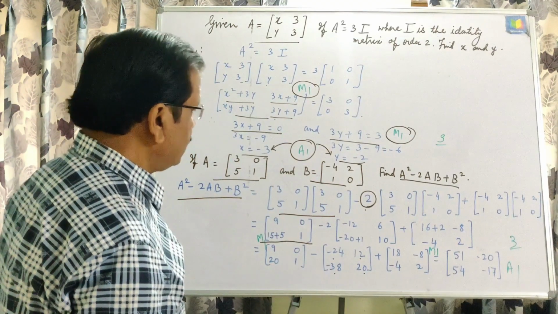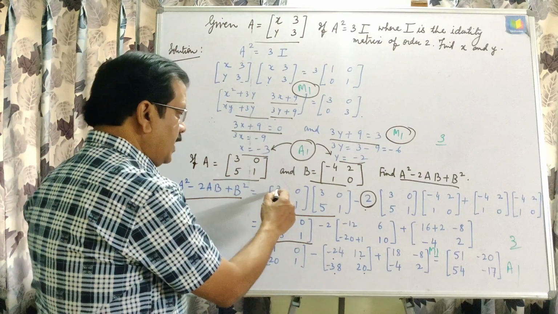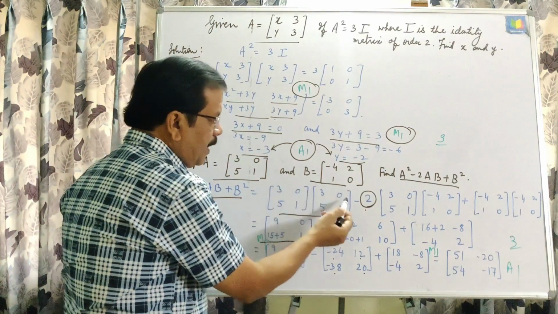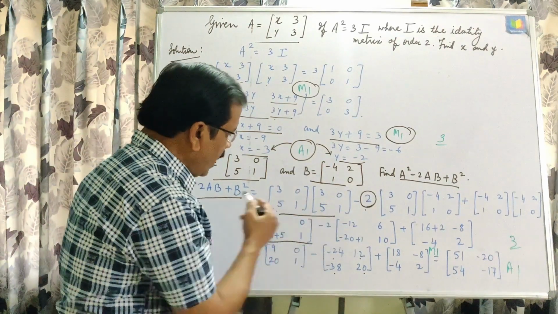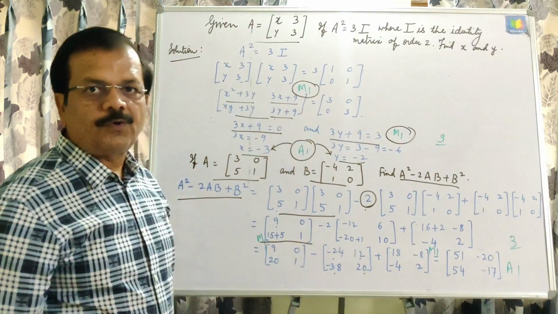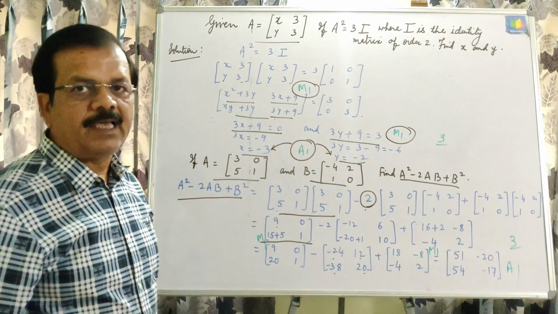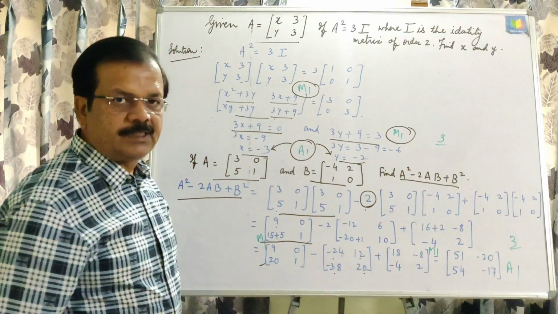Now how was the marking scheme decided this year? Once the child has multiplied A square correctly, 9, 0, 20 and 1, though there is some relaxation, but you should multiply correctly, then the first method mark was given.